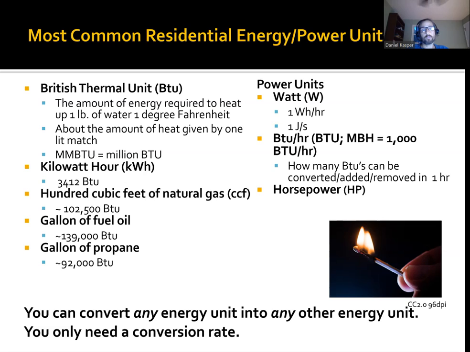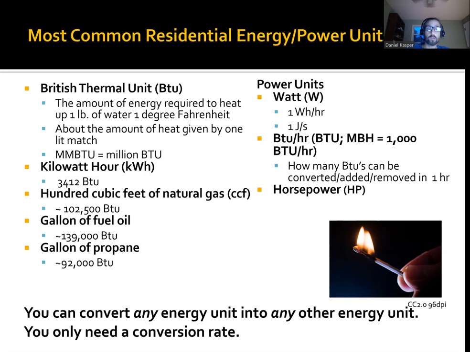It depends on how cold or warm it is outside, but that's what that means. A 100,000 BTU furnace is a furnace that can burn through 100,000 BTUs of fuel in an hour. Not release, because it's less than 100% efficient, but that's its input.